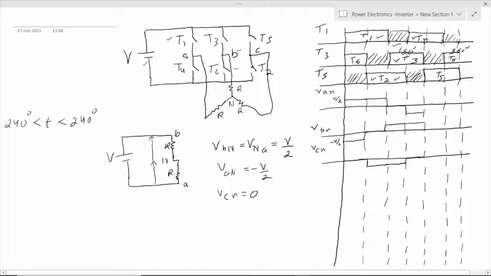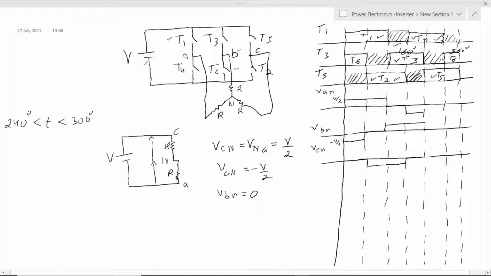Now we can do for 240 degree to 300 degree. From 240 to 300, T4 is on and T5 is on. T4 means A will remain connected to the zero potential of the battery, and T5 is connected, it means C node will be connected to plus V. So VCN will be equal to V by 2, VAN will be equal to minus V by 2 and VBN will be equal to 0.